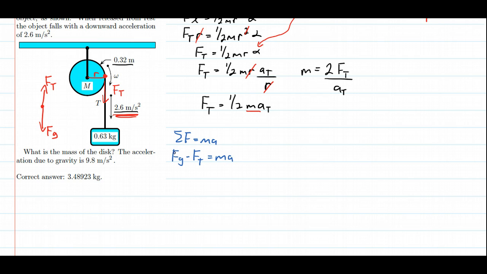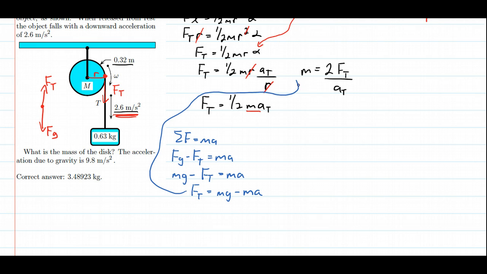I put Fg first because I know Fg is larger than Ft. And then Fg becomes mg minus Ft equals ma. So from here, I can rearrange to solve for Ft, which will give me mg minus ma. And so this is my expression for Ft.